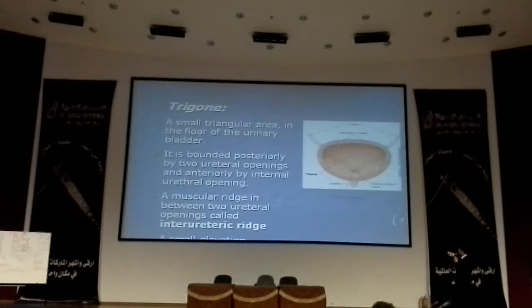This is a muscle, okay? And this is the internal urethral orifice through which the urine goes down from the urinary bladder through the urethra. This is the transverse muscle of the urinary bladder.